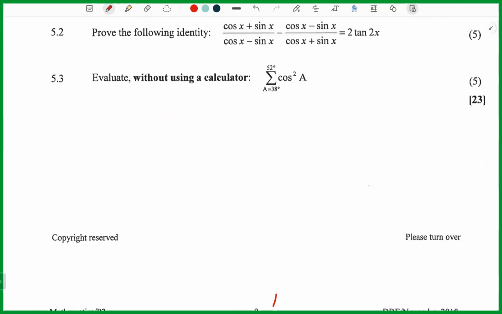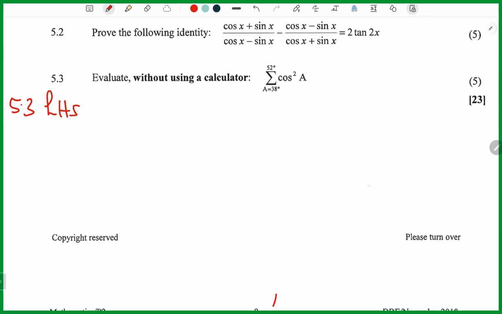In 5.2, first things first, we're going to prove this identity, but to prove identities, we always choose the most complicated side and simplify it. So now we're going to choose the left. So we're going to take the left-hand side.